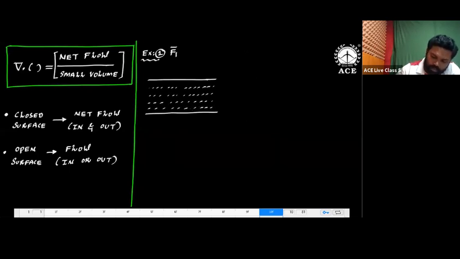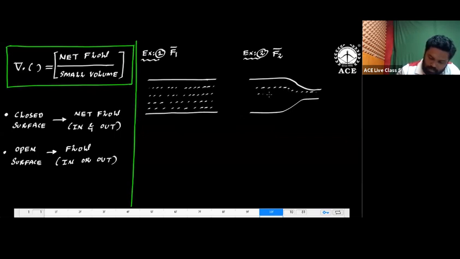Let us consider example number 2. There is a vector field F2. The liquid is flowing like this. More liquid is entering, less liquid is leaving. Example number 3.